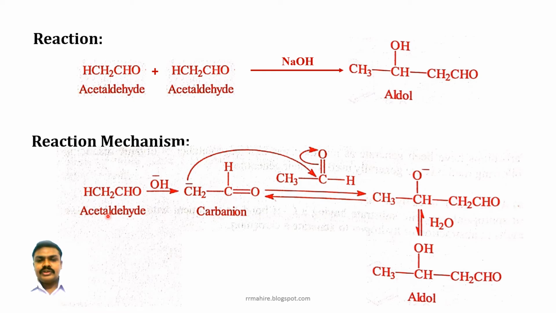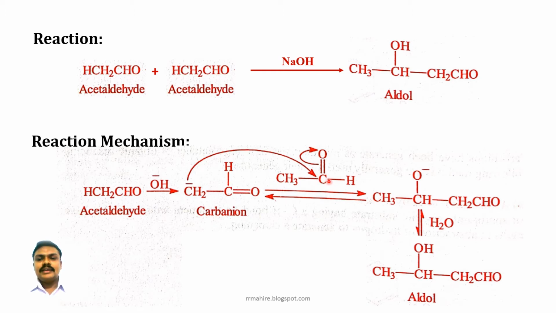Now I repeat the reaction mechanism again. In the first step, the base reacts with the aldehyde and removes the acidic proton, that is the alpha hydrogen, abstracted by the OH, and forms a carbanion. Now this carbanion acts as a nucleophile and attacks the electron deficient carbonyl carbon.